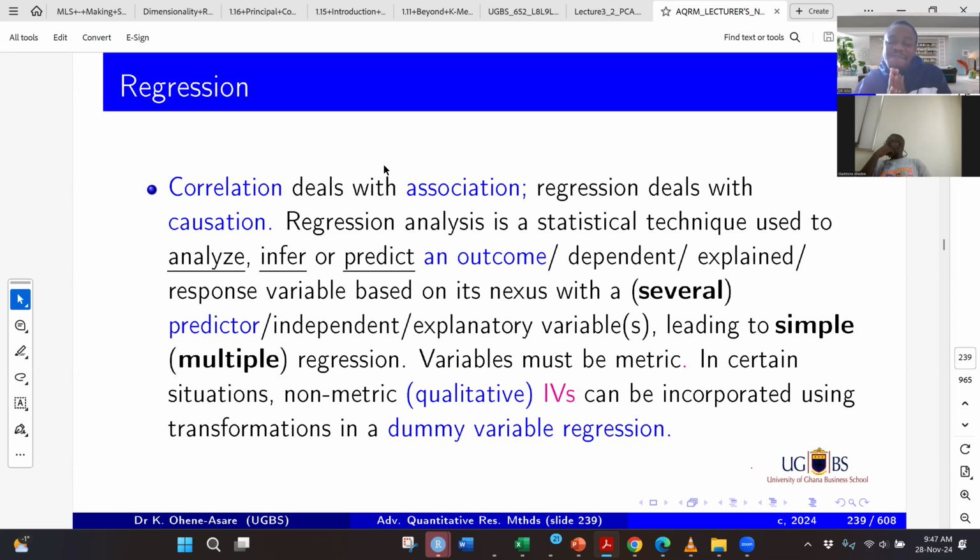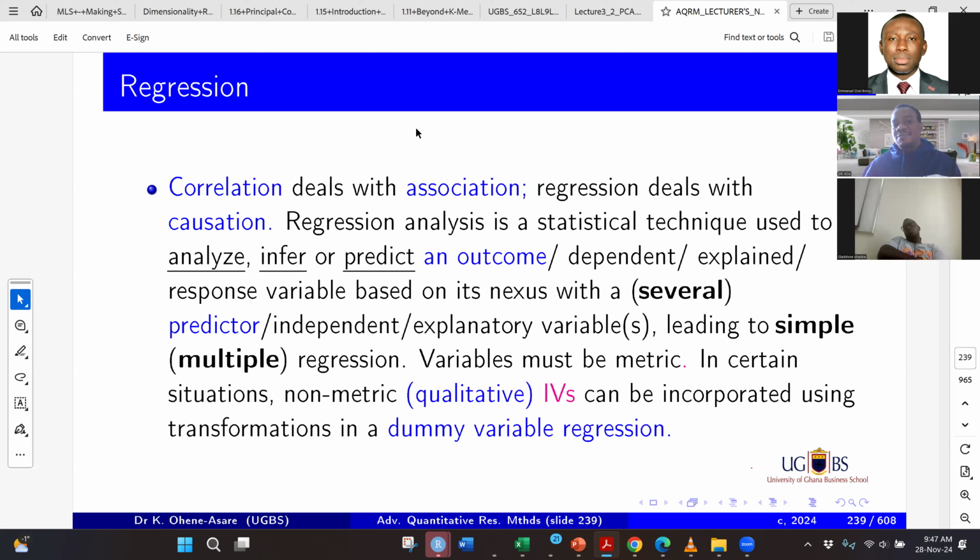When the dependent variable is one and the independent variable is one, what kind of regression is that? You can tell us. Emmanuel. Prof, I believe it's a simple regression. It is a simple regression.